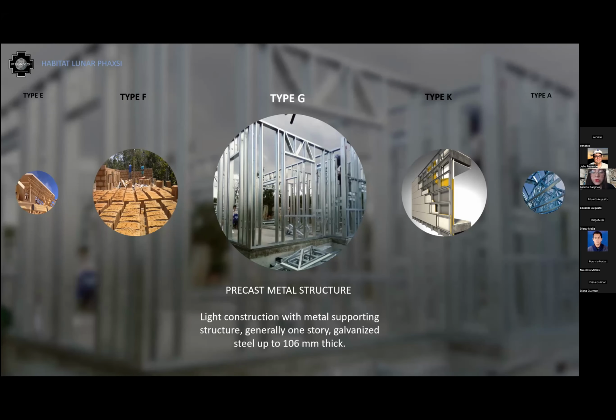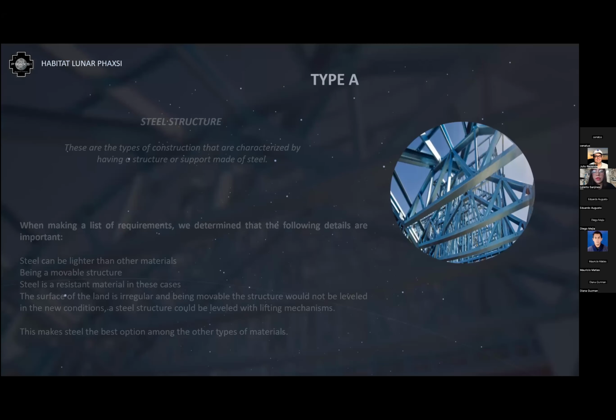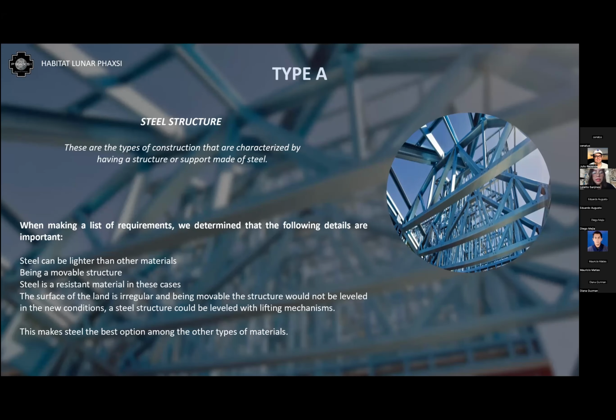Like construction with metal supporting structure, generally one story, galvanized steel, and type K, like concrete construction. But we can see the type A, because one of the quite appropriate materials is steel for now, since it's a habitat on Earth.